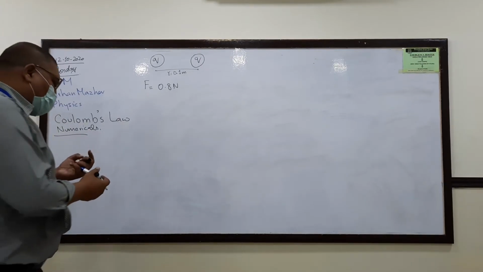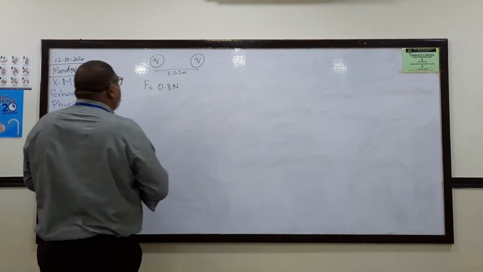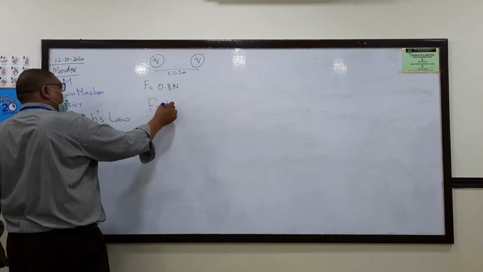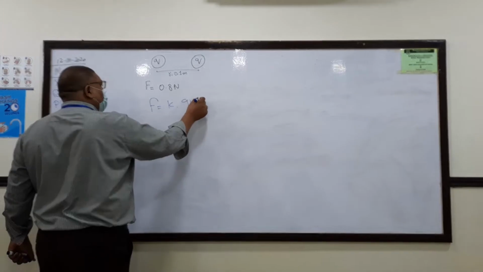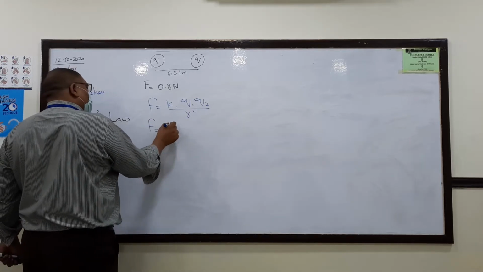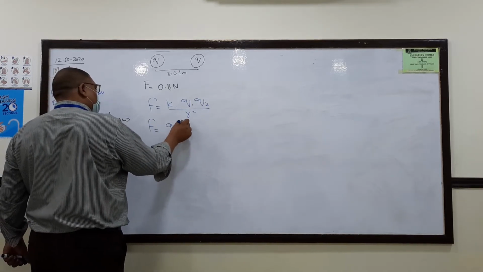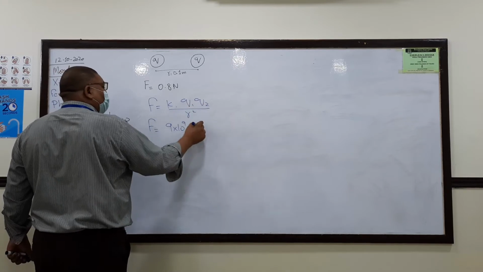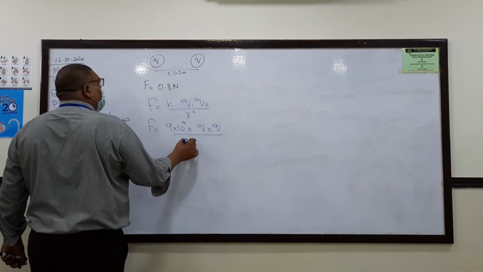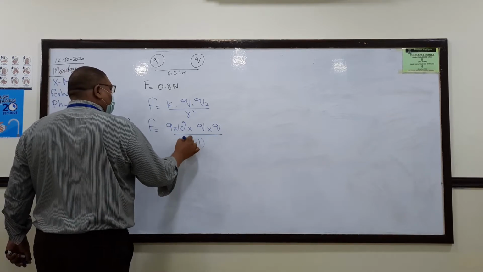According to Coulomb's law, the force of attraction or repulsion is F = K Q1 Q2 divided by R square. K is 9 into 10 raised to power 9. Q1 and Q2 are both identical, so both are represented with Q, and R is 0.1 and its square.